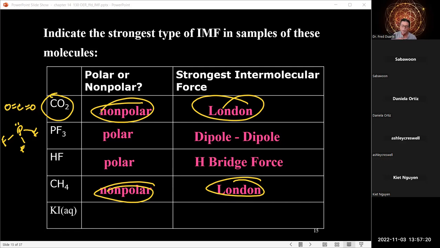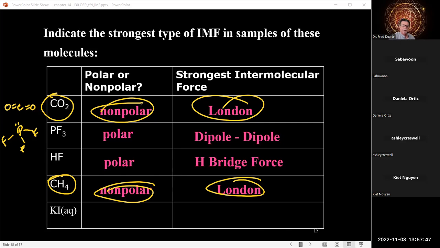Because the polar bonds cancel each other out in the geometry, it results in being nonpolar. CH4 is nothing but carbon-hydrogen bonds, which means all nonpolar bonds. There are no polar bonds in there whatsoever. All nonpolar bonds is nonpolar by default, and by default is London dispersion forces.